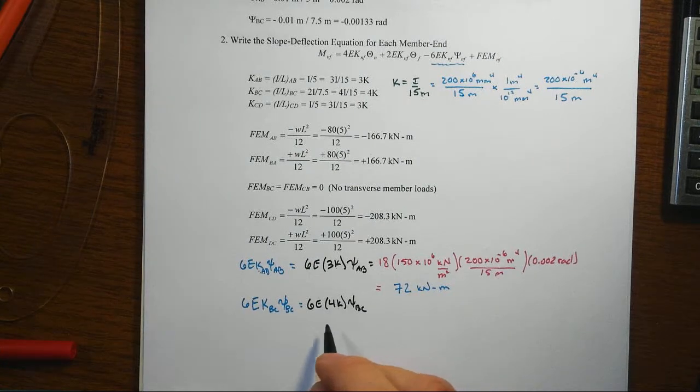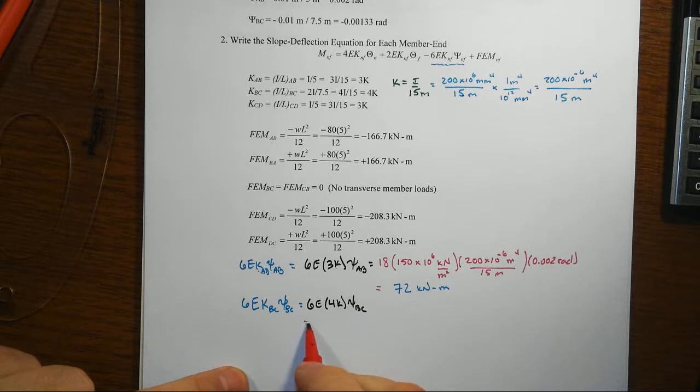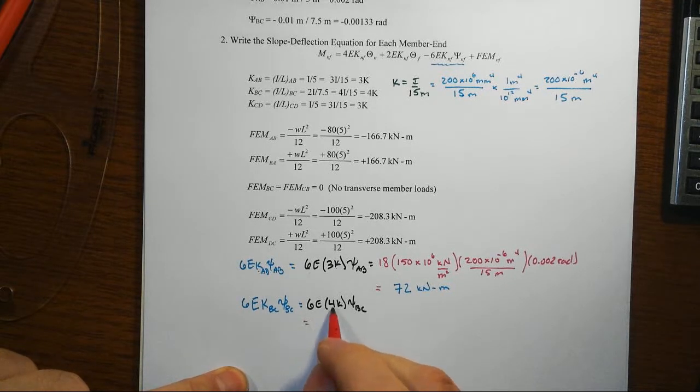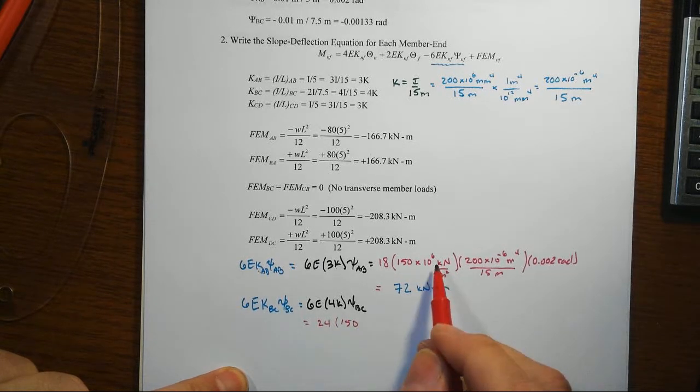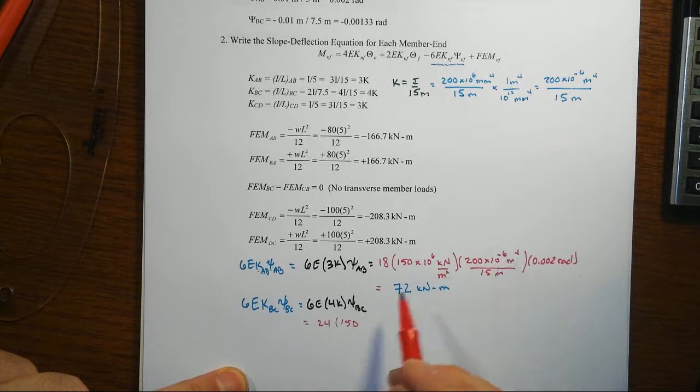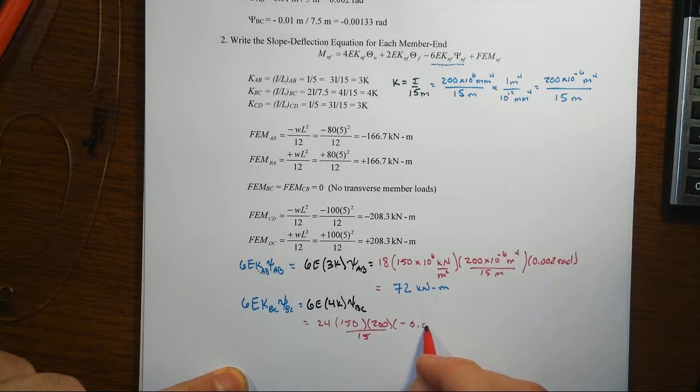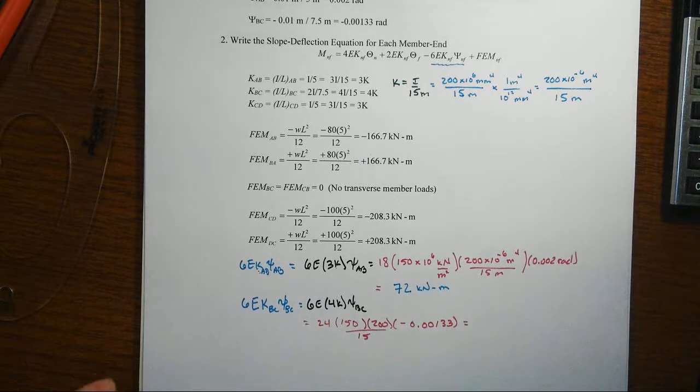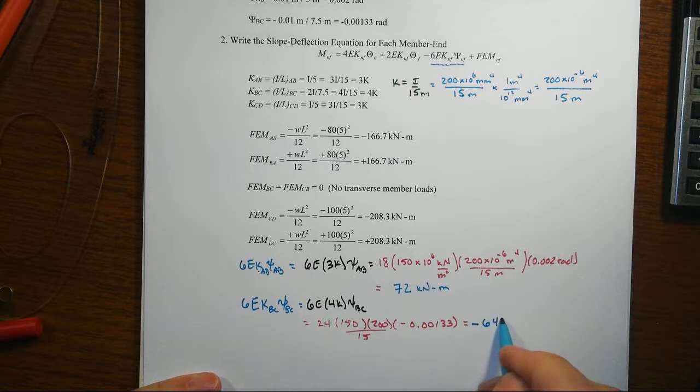And so that's going to be equal to 4 times 6, 24. We get the 150. Notice the 10 to the 6 and times 10 to the minus 6 goes away, so I'm just going to write that as 150 now, since we've shown all that work over there. And I'm not going to show the units either at this point. And we got that chord rotation in radians value, and that's going to give us now a fixed end moment term here that is negative 64 kilonewton meter.